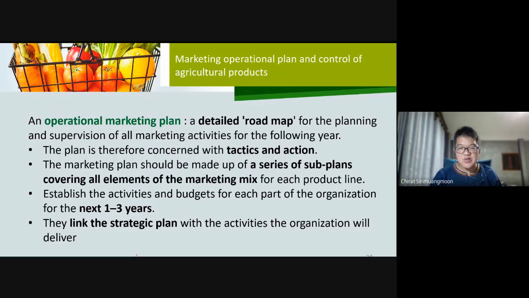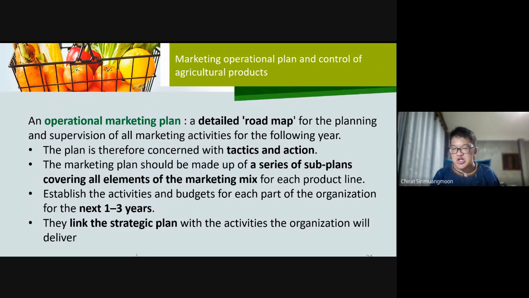The marketing plan should be made up of a series of sub-plans covering all elements of the marketing mix. This means you have the operational plan, you have the roadmap, and you have the plan that is lower than the roadmap too. Generally, the activities and the budget need to be presented in terms of 1 to 3 years only.